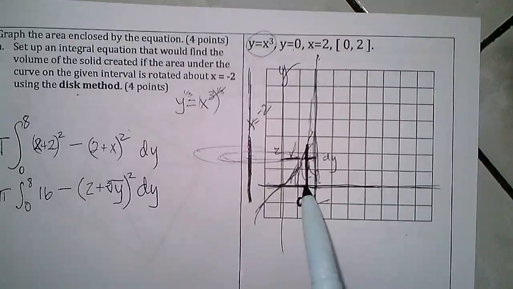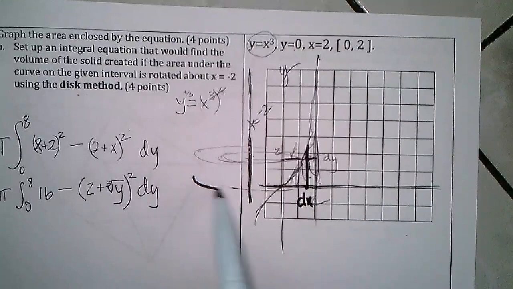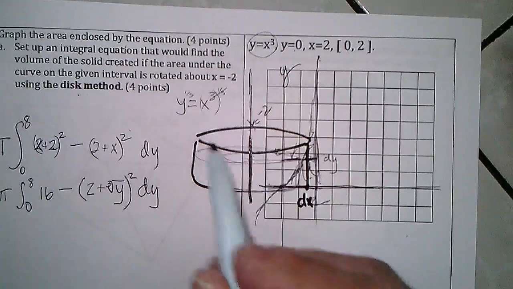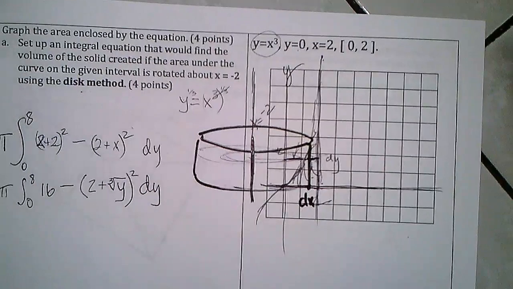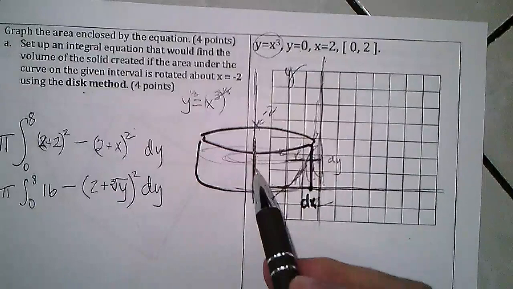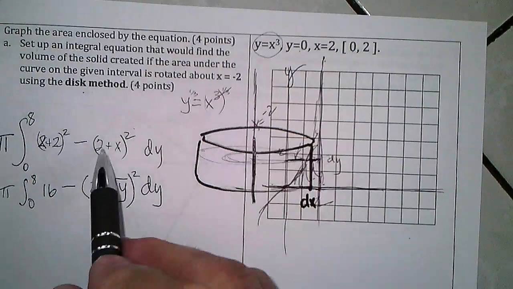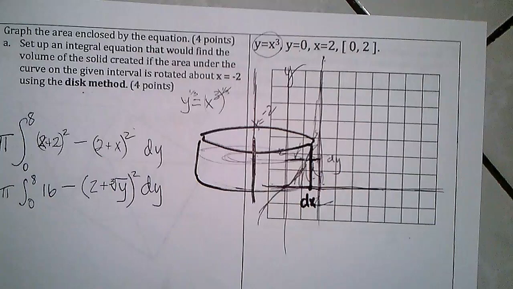It's going to make a circle, a shell, like this. That's going to be over to here, the same radius as that we had here, 2 plus x.